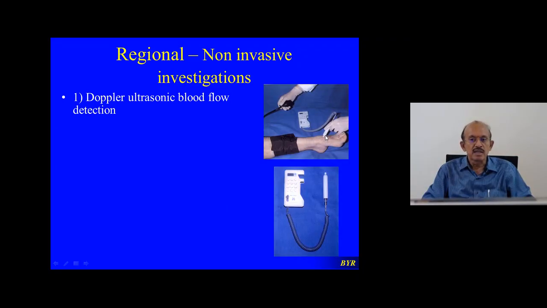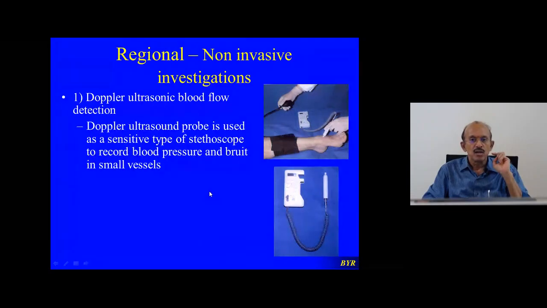Once diastolic pressure is reached, you can't hear the sounds of the pulse. But with the Doppler ultrasonic probe, if a pulse wave is there, you will hear the pulse wave as an audible signal. Doppler ultrasound probe is used as a sensitive type of stethoscope to record blood pressure and bruit in small vessels.